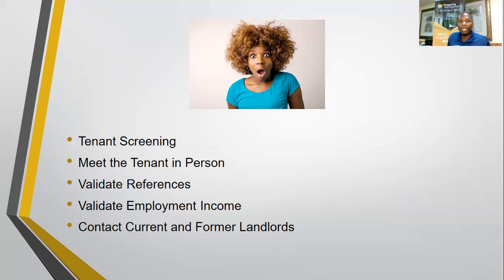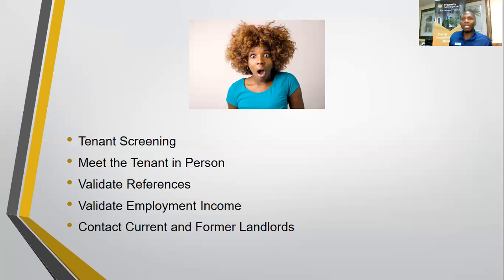You also want to validate employment income, right? You can either contact the HR or contact their supervisor. There are more formal ways to contact the HR department. Someone can give you anyone's name as their supervisor, and it may not necessarily be the case. So make sure you get valid employment information and make sure you contact the HR department.